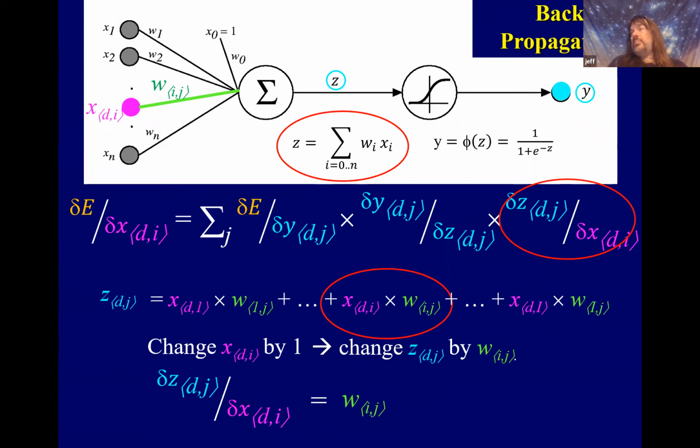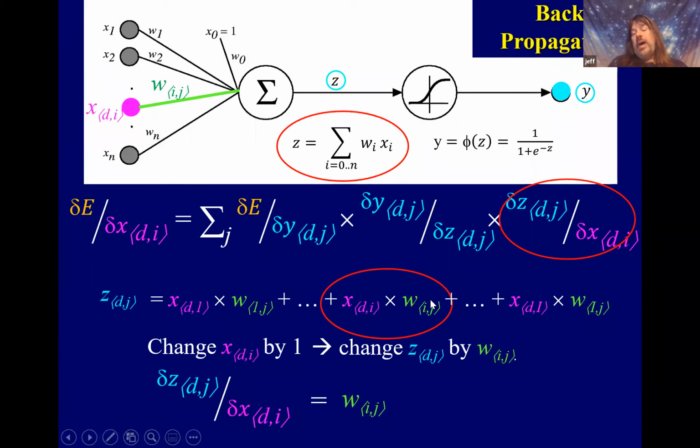right? And that you might remember from calculus. What's the derivative of Z with respect to X? Well, all these terms are constant, because I change this X, nothing else is changing. Just this X is changing. So all of this drops away. And now what's the derivative of this with respect to X? Well, W is not changing.